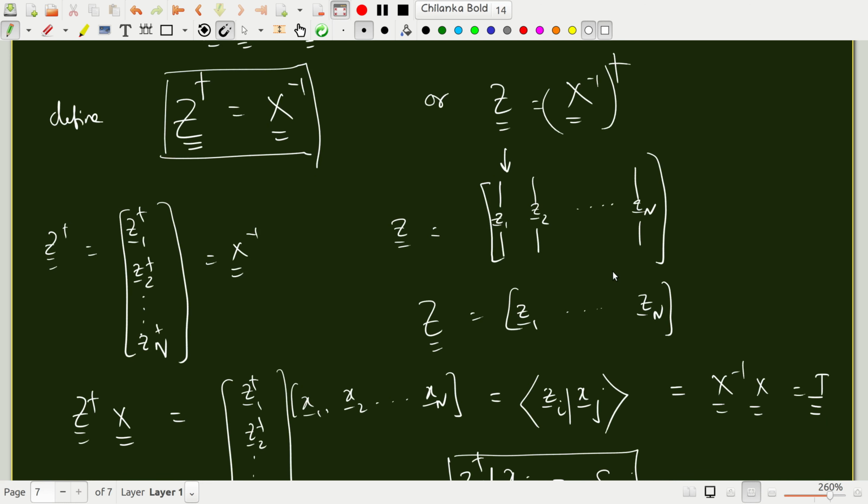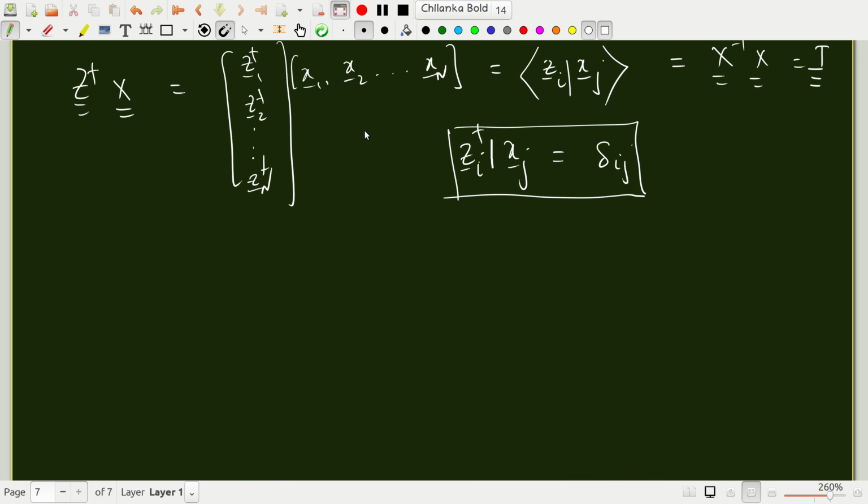Once you find Z, you can write it as a bunch of column vectors, and you can verify that Z dagger times X is the same as X inverse times X, which is identity. So Z dagger times X is all these vectors individually taking an inner product with the original set of vectors. So Zi dagger Xj is delta ij.